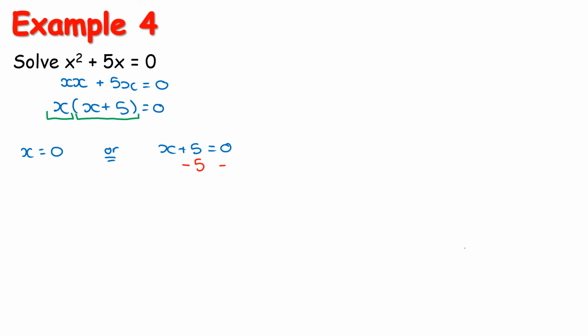For x plus 5, we're going to have to actually solve for x, and we get x equals minus 5, and there are two answers: x equals 0 and x equals minus 5. It can be useful just to put a box around both answers so it's clear where my two answers are. Or like in our previous example, you can write them down again, the solutions are. But I'm a little bit lazy, so I'm just going to put a box around them.